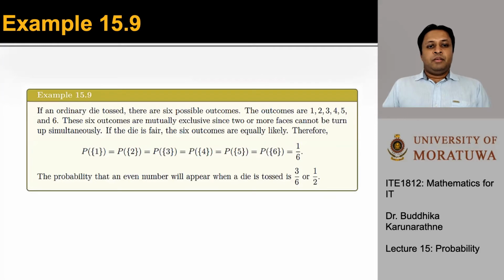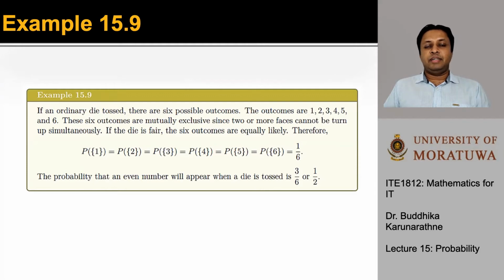Example: if an ordinary die is tossed, there are 6 possible outcomes: 1, 2, 3, 4, 5, 6. These 6 outcomes are mutually exclusive, since 2 or more faces cannot turn up simultaneously. If the die is fair, the 6 outcomes are equally likely. Therefore, each of the probabilities is equal to 1 over 6.